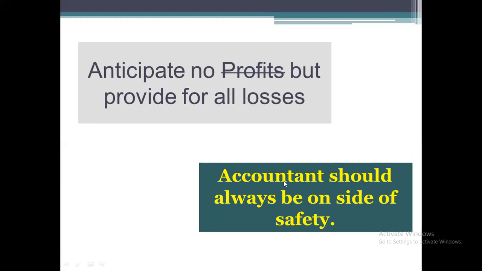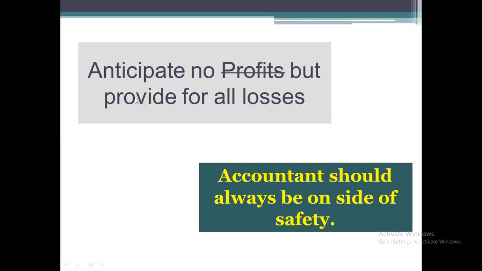When you have given something on credit, and after a certain period you got to know that you will not be able to recover that money in the coming days, because of all such scenarios, this says if income has to come, just wait for it. Don't write it down and inflate your business. But if you think you are going to get some losses, or your business is going to suffer something bad in the future, then definitely you have to provide for that.